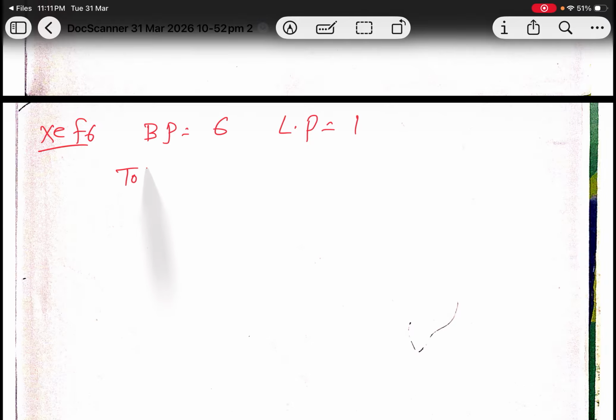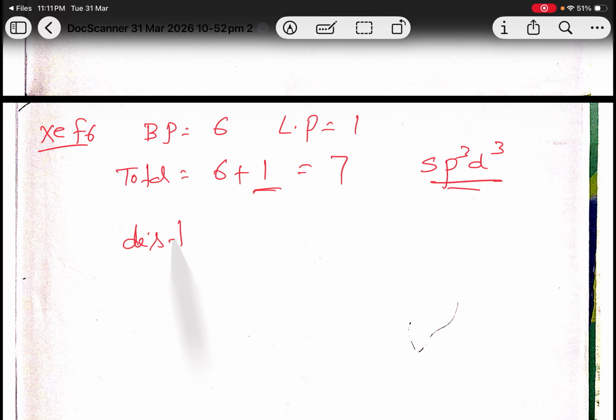So total equals bond pair of electrons 6, lone pair of electrons 1, total 7. 7 means sp3d3 hybridization with 1 lone pair means distorted octahedral or pentagonal monopyramidal.